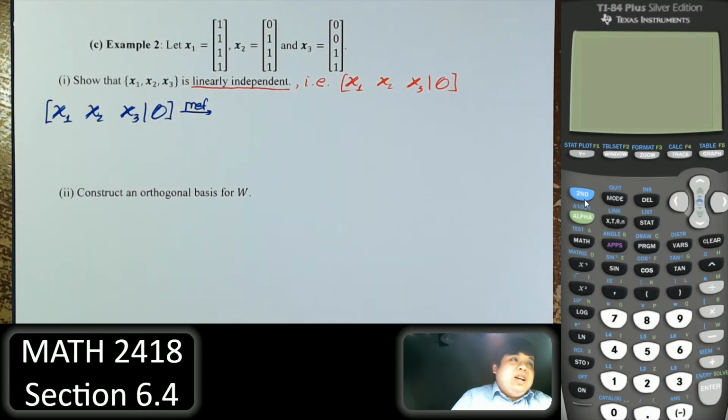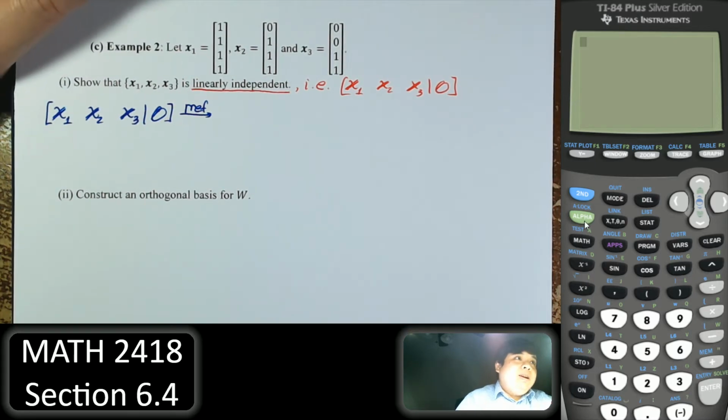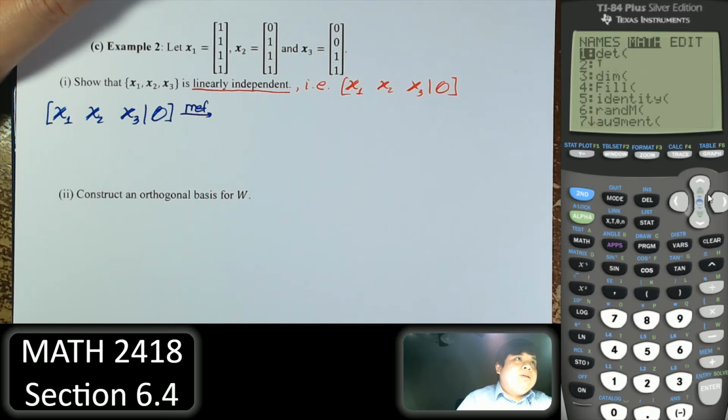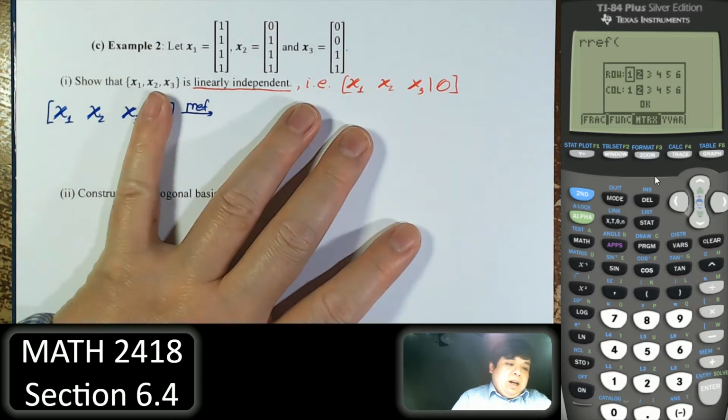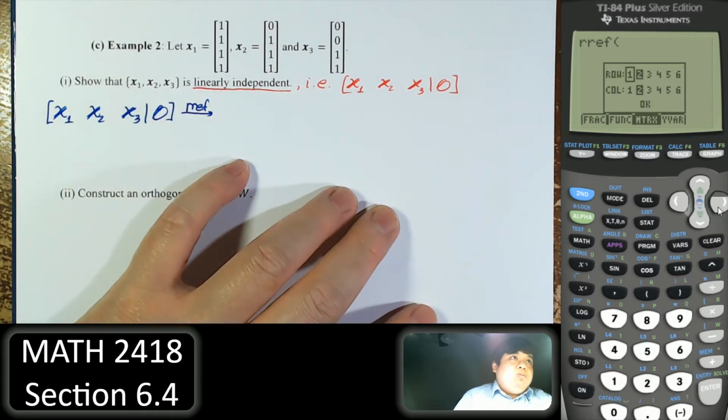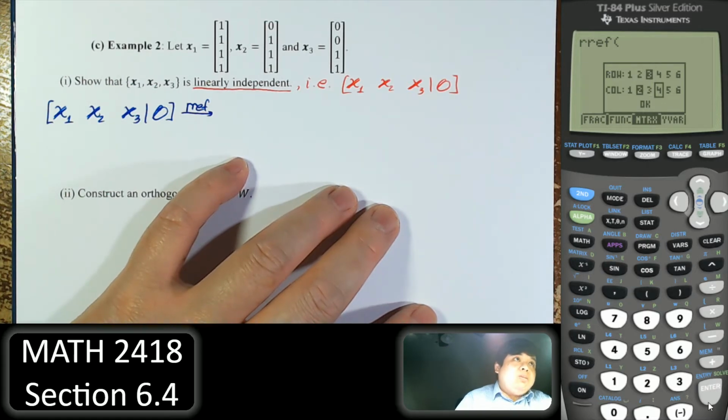We might need to add an extra row of 0 into it because otherwise, for some weird reason, it will not do reduced row echelon when we have more rows than columns. So in that case, it's just 4 by 4. We're going to add 0 on the last column.